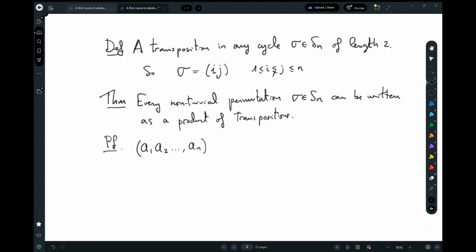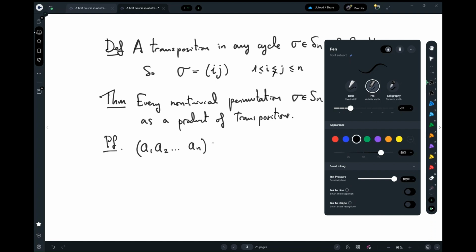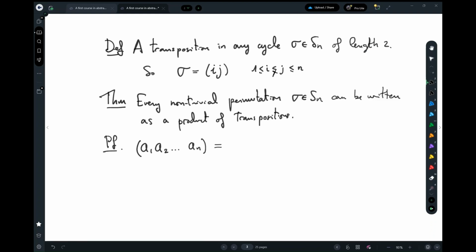If I have a cycle like that, in cycle notation, I can also write it as (a1 an), this transposition, times (a1 a(n-1)), and so on, times (a1 a3) times (a1 a2). Let's see that this works.